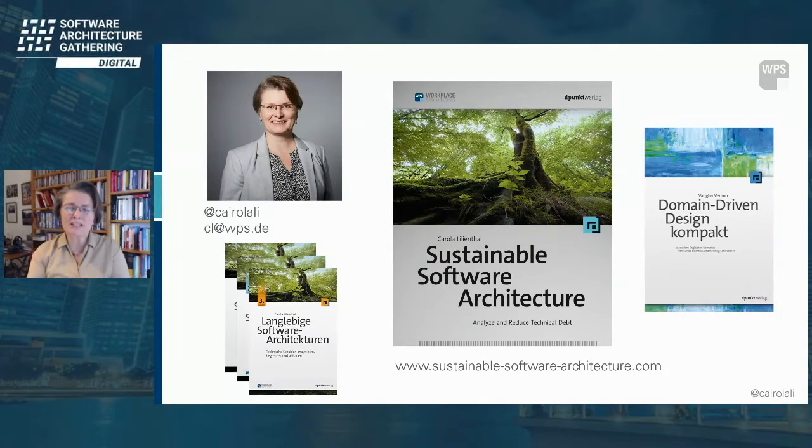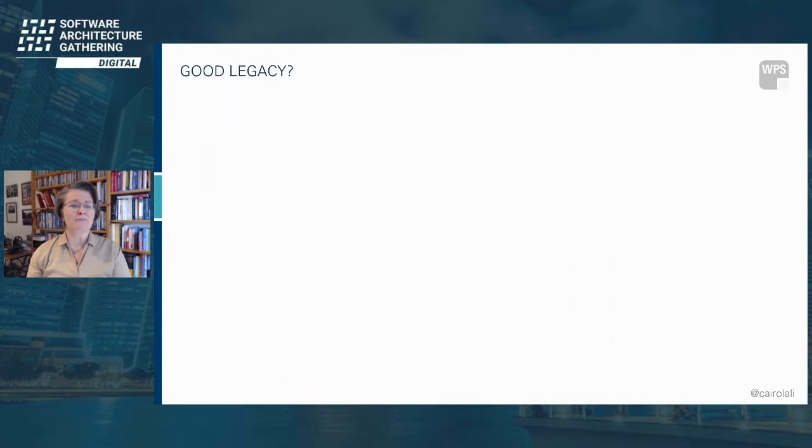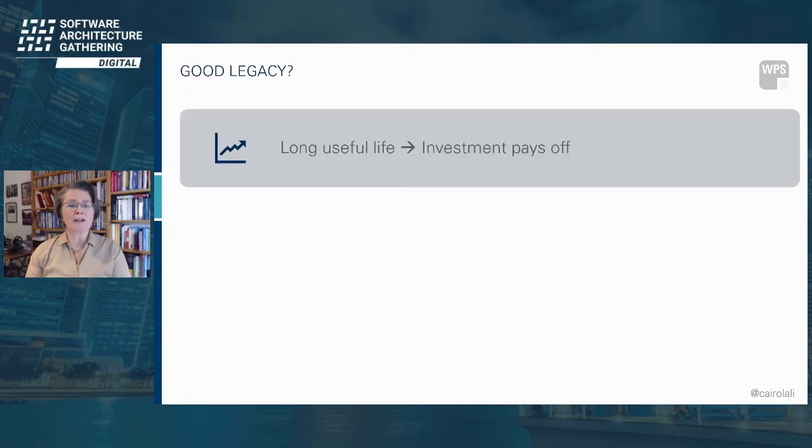Let's start with the question, well, what is good legacy software then? From my point of view, if we want good legacy, we want our legacy to have a long and useful life, and thus pay off our investment that we did in the first place.